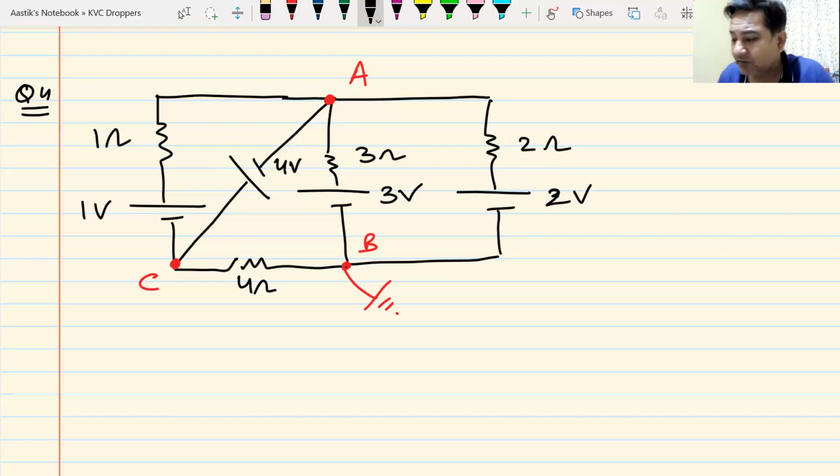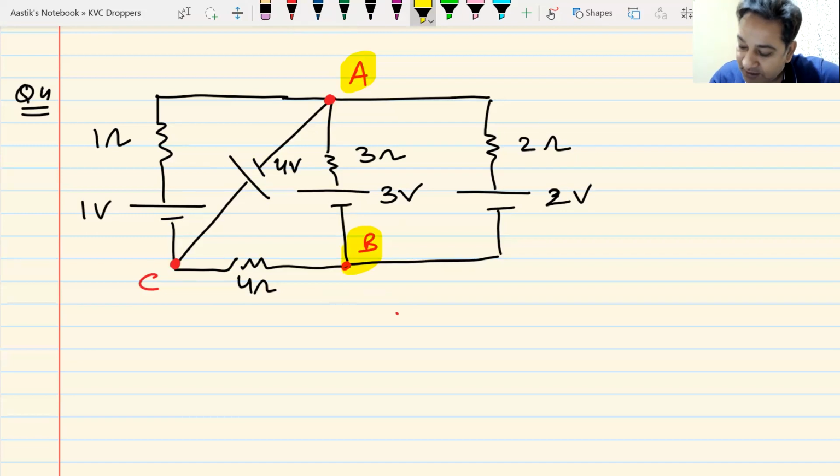So any of these three can be zero. I can make B as 0, I can make A as 0, I can make C as 0. Now you can take your imagination and make any of these 0. Which one do you want to make 0? Tell me.